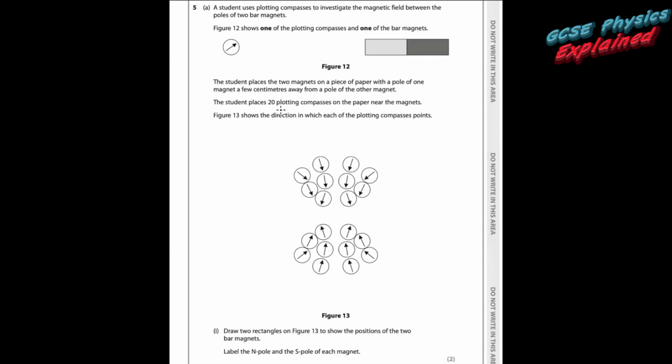The student places 20 plotting compasses on the paper near the magnets. Figure 13 shows the direction in which each of the plotting compasses points. Part 1. Draw two rectangles on figure 13 to show the positions of the two bar magnets. Label the north pole and the south pole of each magnet.